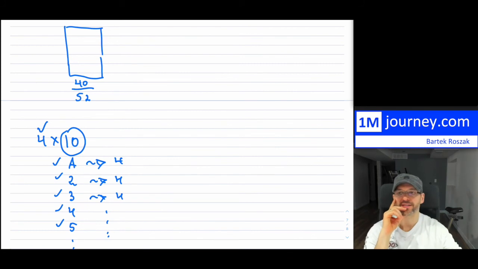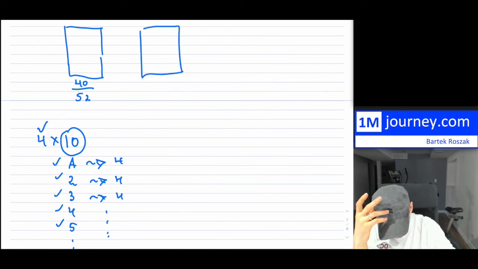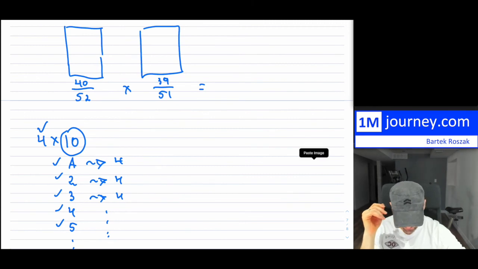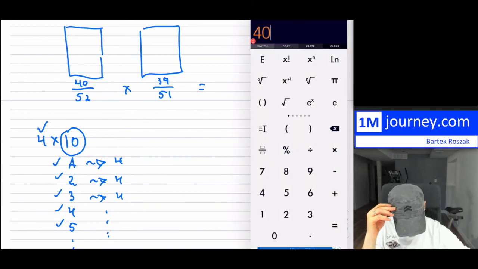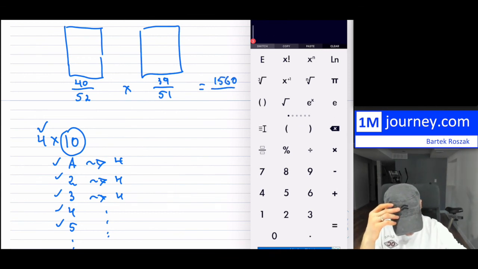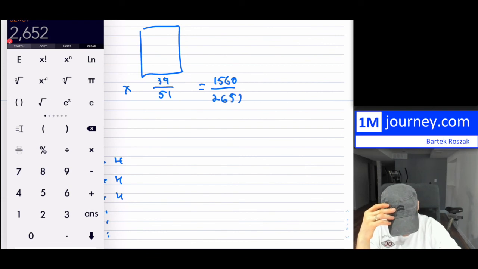On the first attempt, you have 40 out of 52. On your second attempt, because we have no replacement, this is going to be 39 over 51. We have to multiply these two together to get our answer. 40 times 39 is 1560, and 52 times 51 is 2652.